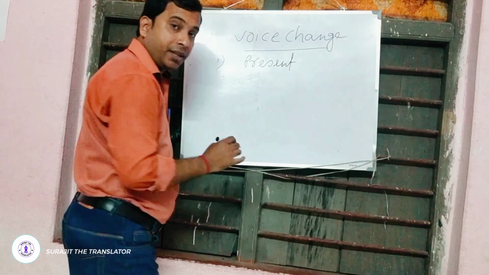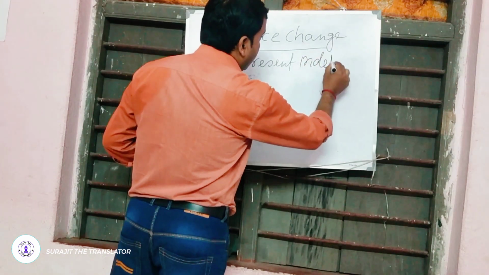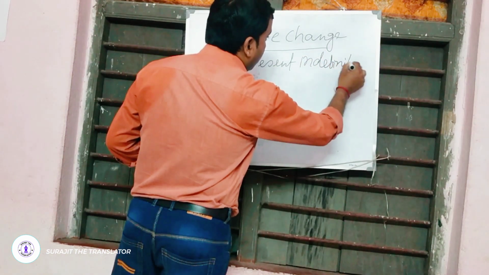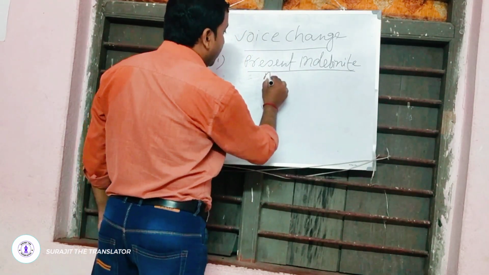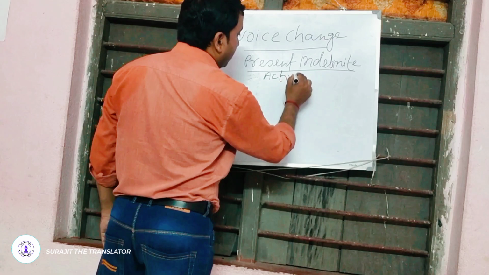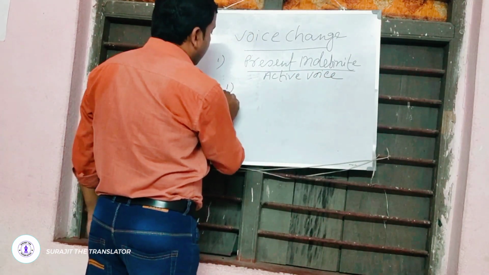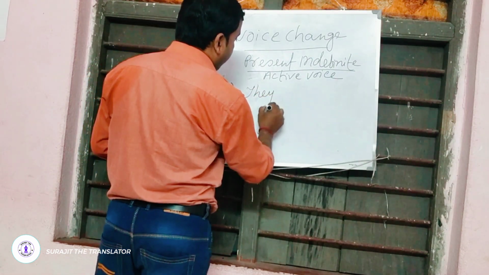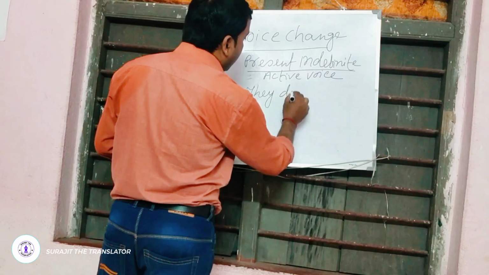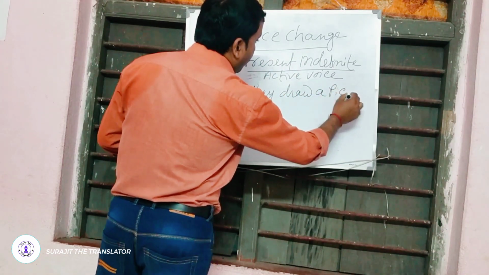Present indefinite, first class. Present indefinite, active voice. Example: They draw a pig.